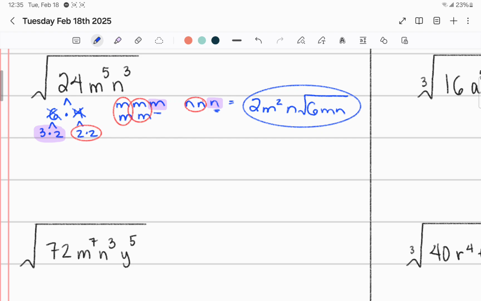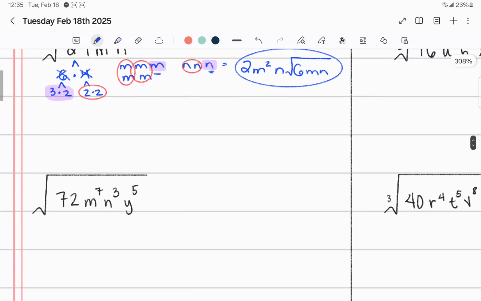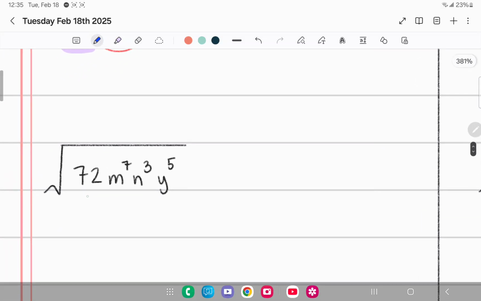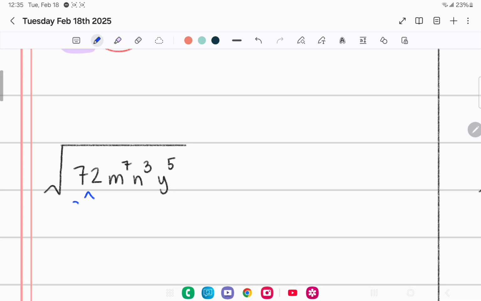So again, we're breaking down the number and circling groups of 2. Next, 72. We can do 9 times 8. And then I'm going to trade out the 9 for 3 times 3.